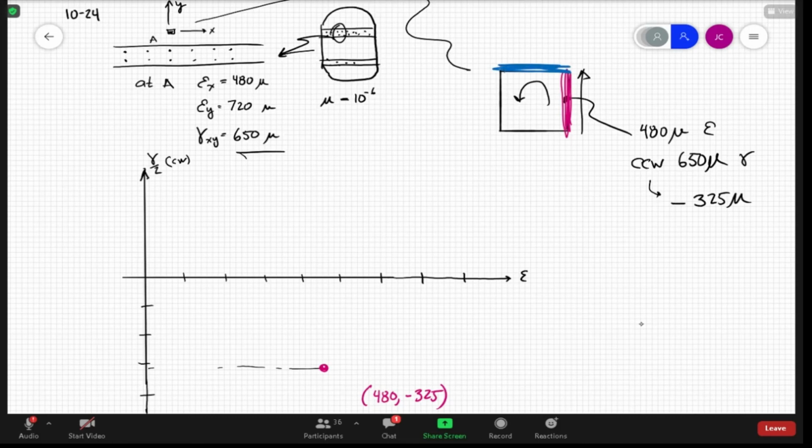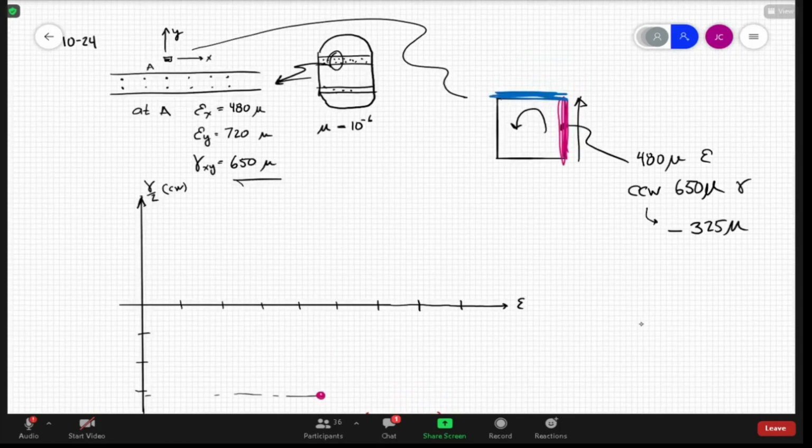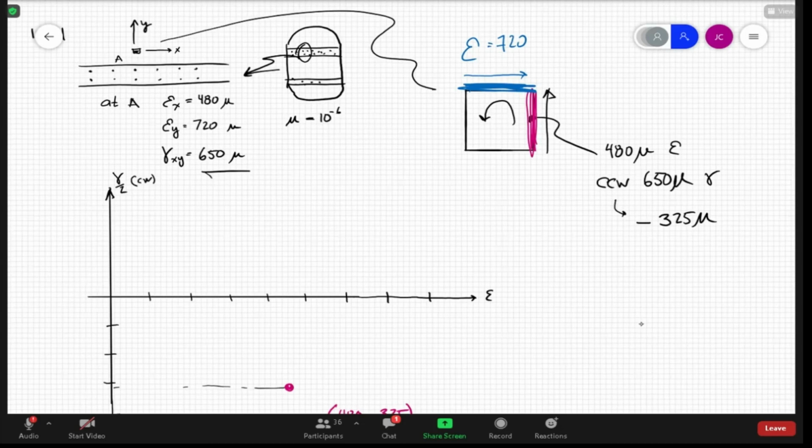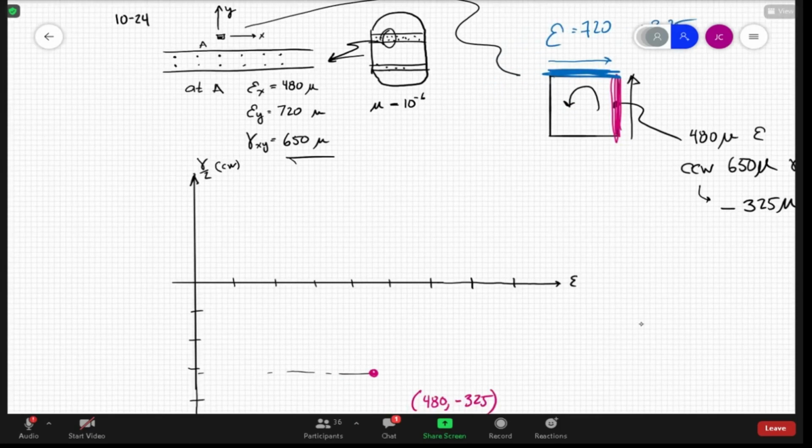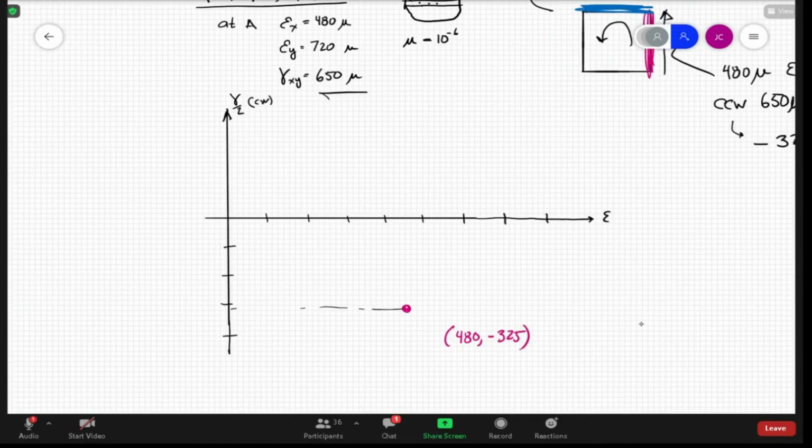Okay, now let's look at this top face for the second point on Mohr's circle. On the top face, it's the Y strain. So here the normal strain is equal to 720. On this face, the stress that induces positive shear strain is going to rotate it clockwise. So that's up, so the y-axis value is going to be positive 325, right? So we're at 720, positive 325.